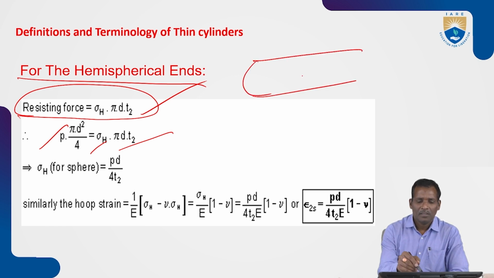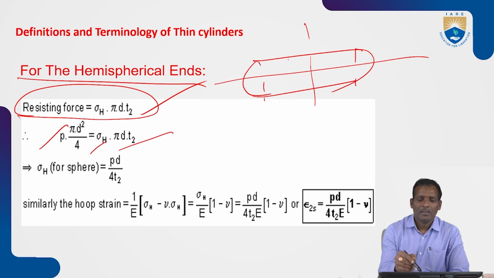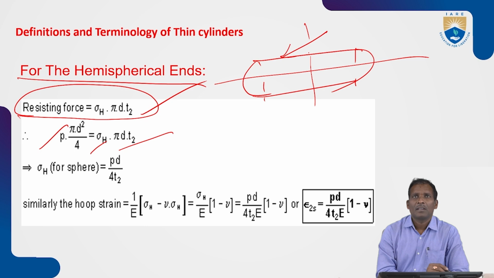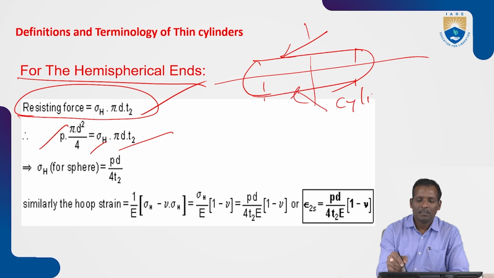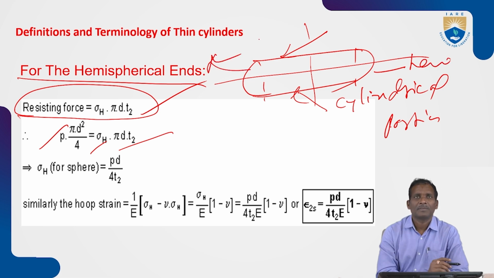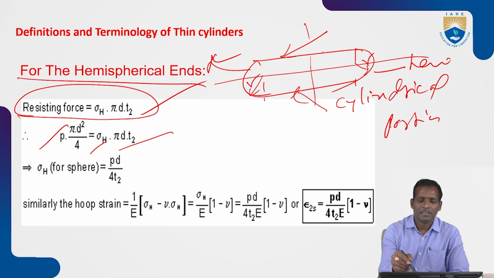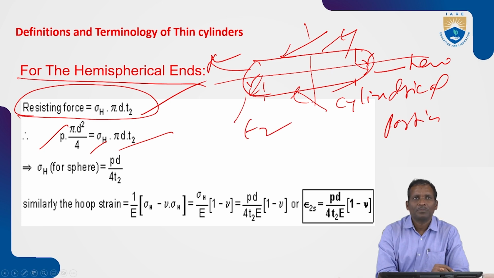See, this is the cylindrical portion, and this is the hemispherical ends. Here the thickness is T1 and here the thickness is T2.